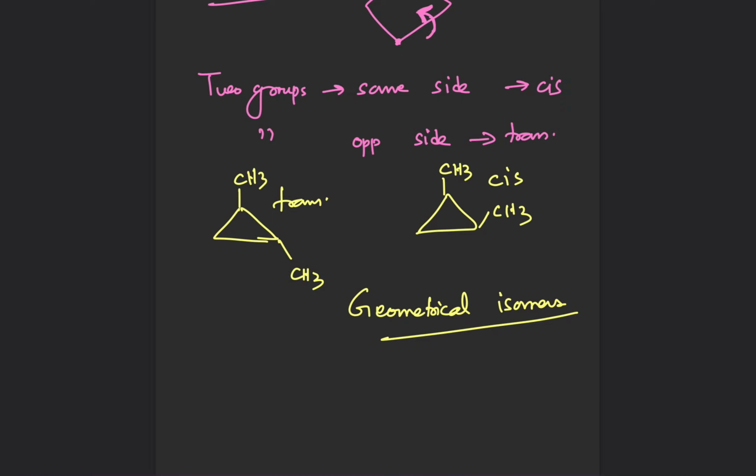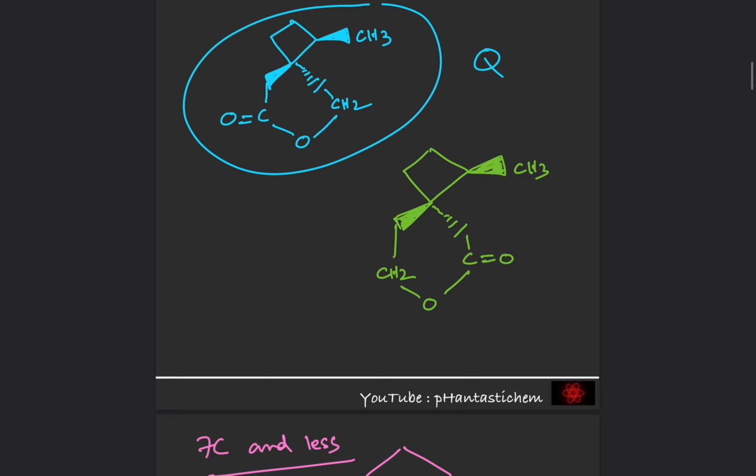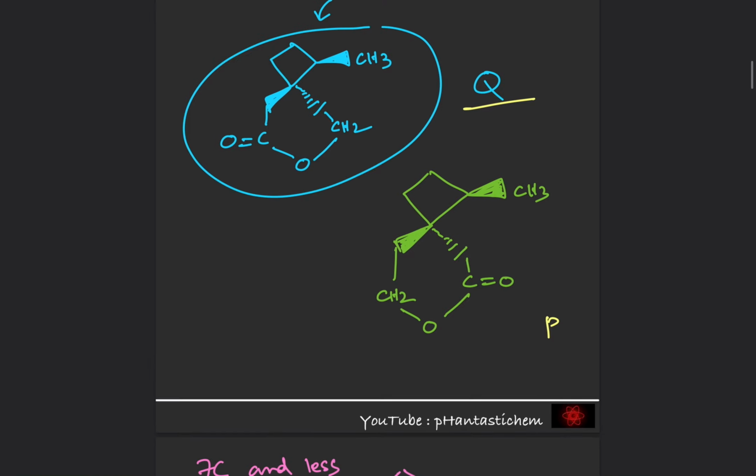Now the same thing can be observed with P and Q. So this is our Q, this is our P. We simply cannot rotate the CC bond, let's say this CC bond, and convert either P to Q or Q to P. This is not possible because, as we have learned, in cycloalkanes CC bond rotations are restricted.